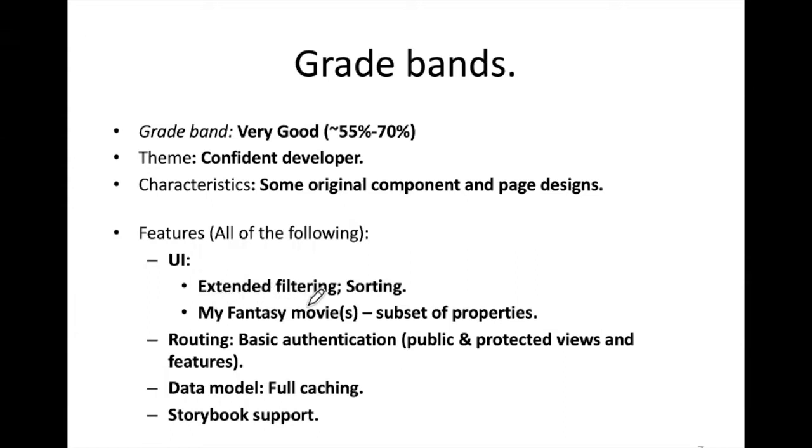Now, my fantasy movie, the idea here is that I'd like you to enable the user to create their own movie. Clearly, that's going to be a web form. Now, I don't expect you to require the user to enter all of the information about the movie. Pick a subset of the properties.